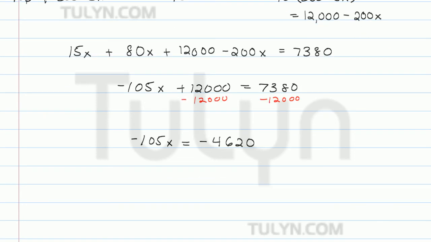Finally, to solve for x, we divide both sides by negative 105. On the left side we just get x, and on the right we get positive 44, because it's a negative over a negative. So x is equal to 44.